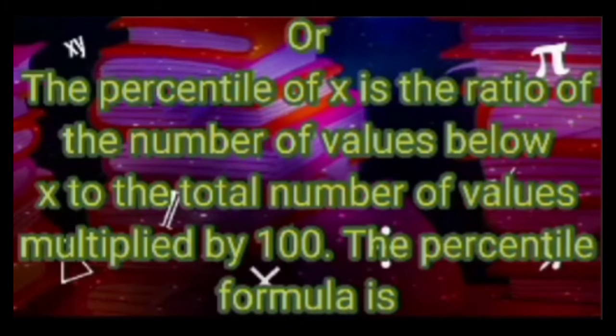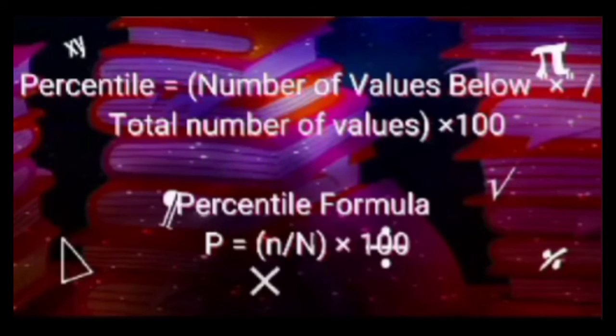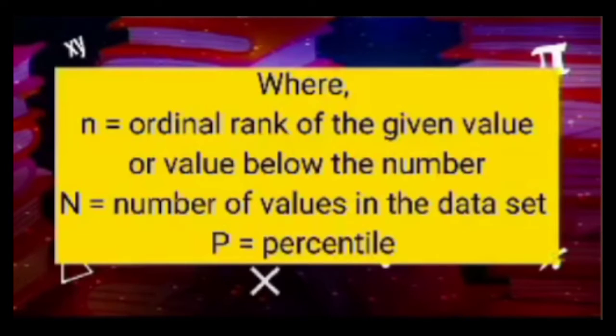Or the percentile of x is the ratio of the number of values below x to the total number of values multiplied by 100. Where small n is equal to the ordinal rank of the given value or the number of values below the number, big N is equal to the number of values in the data set, and P is equal to the percentile.